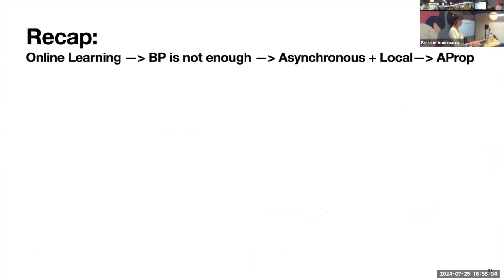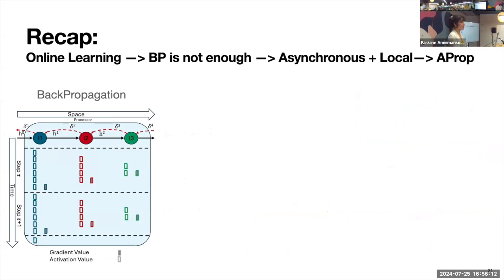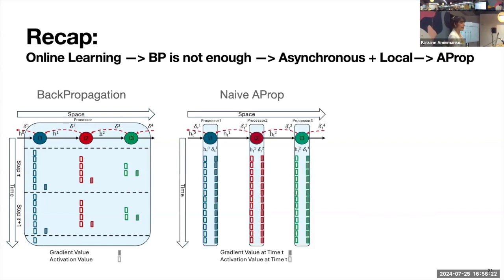To recap, today I talked about online learning, and then I said what backpropagation was and why it was not enough, and how it had several locking pairs in its updates. Then I said I believe asynchronicity and locality are the main properties that we should care about. I assumed we have naive AProp, where I constantly perform updates on multiple threads for each of the layers.